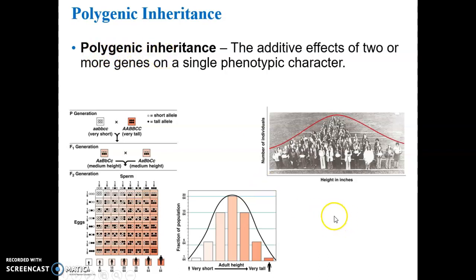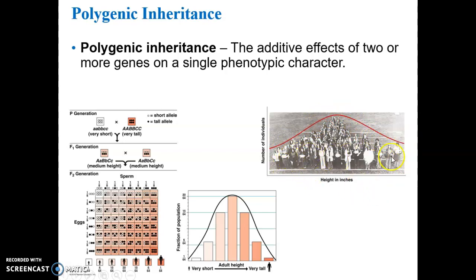So this is how we explain why people are expressing a range of heights, right? Not everyone is 5'2" or 6'2", right? But people are expressed by a whole continuum range of heights, okay?